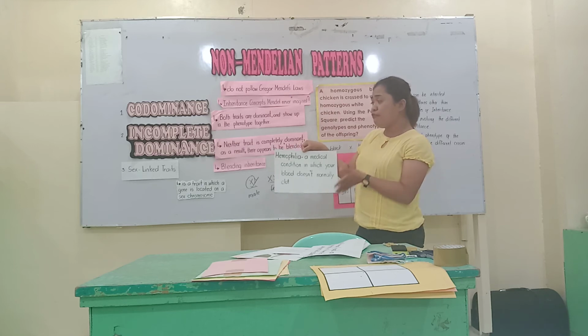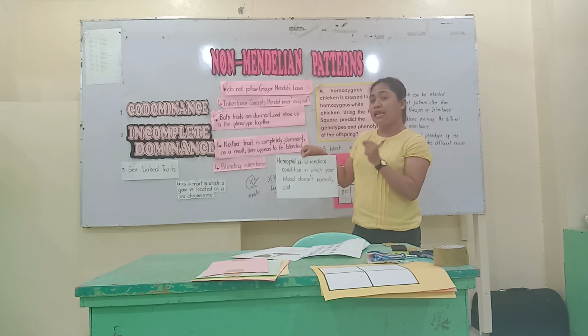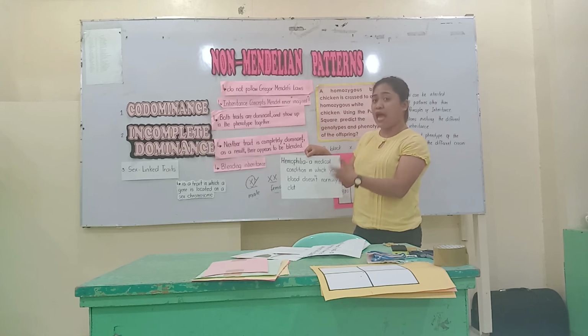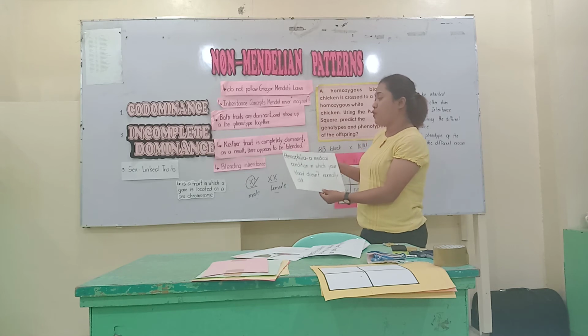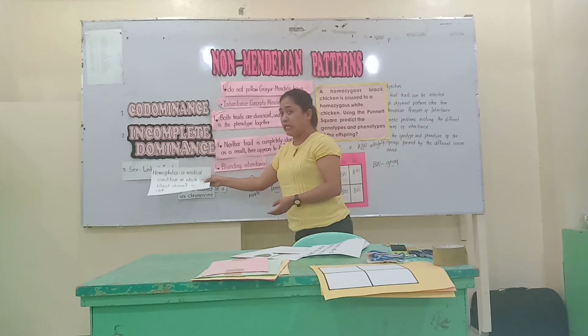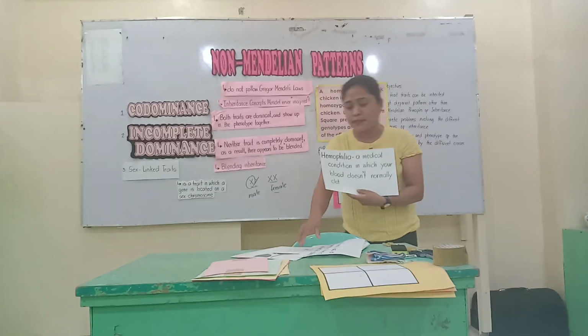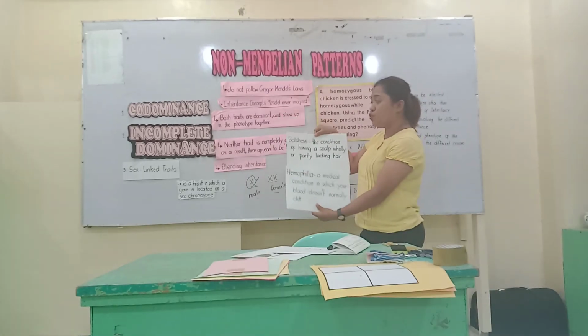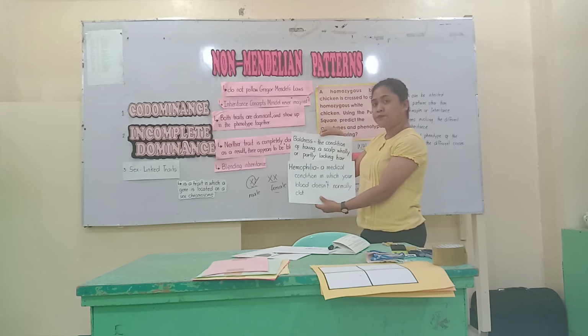Now, hemophilia is also an example of a sex-linked trait. Ang mga lalaki rapod kasagaran ang maka-experience ani nga mga sakit. So, nagitawag siya nga sex-linked traits. So, hemophilia and baldness are two examples of sex-linked traits.